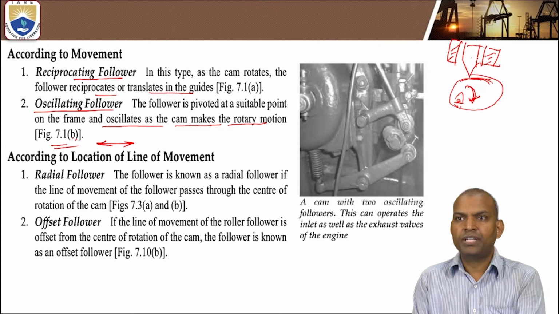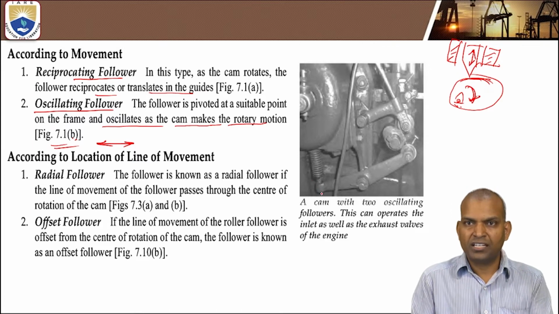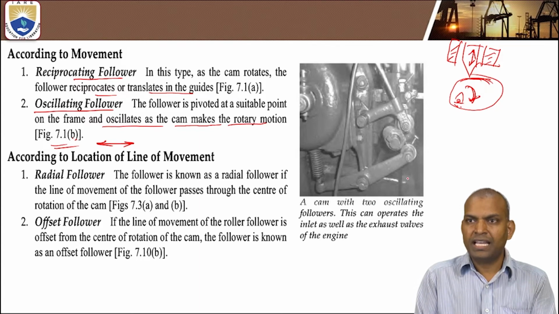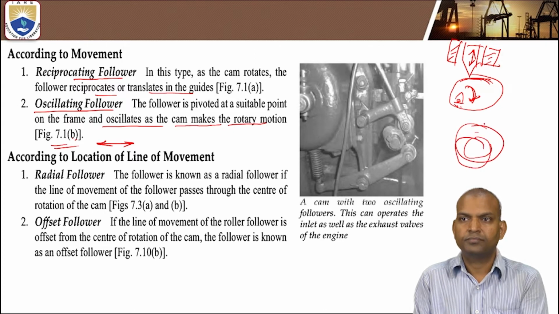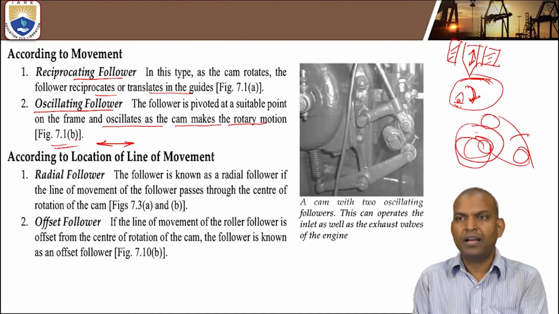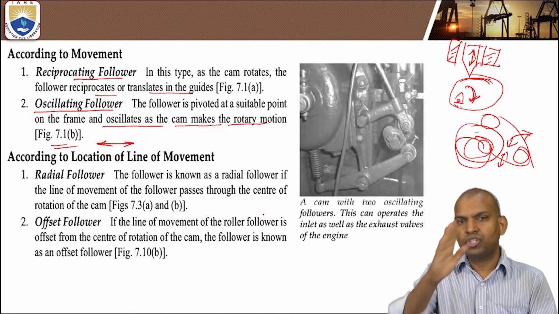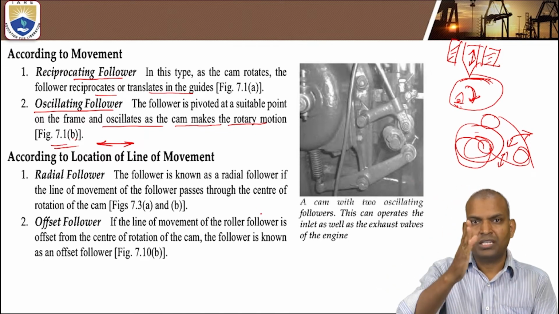When the cam rotates, the follower has a reciprocatory motion. But the cam can be designed in such a way that, as in the case of conjugate cams, the follower oscillates.